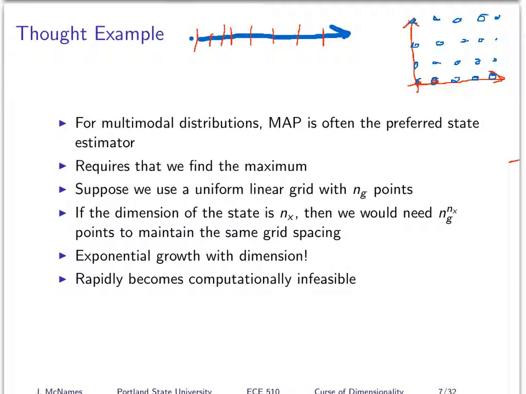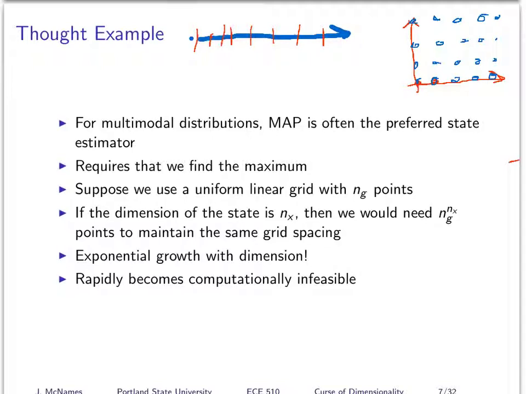And that idea generally is true. If you want to explore a space densely with a grid that has n sub g points along any dimension axis, then as your dimension grows, it grows exponentially. And that makes it really hard. Even getting to 3 dimensions, 10 points is not a very dense grid.